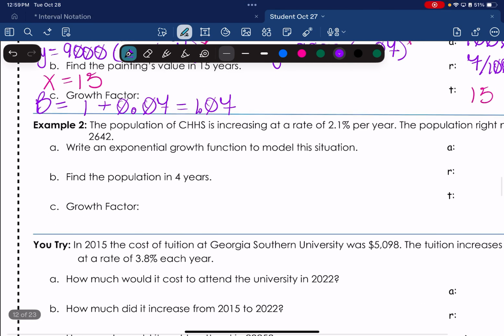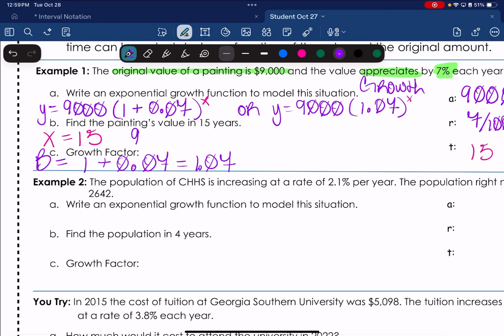So in our calculator, we're going to put 9,000 times 1.07 to the power of 15. And that's going to give me 24,831.28.